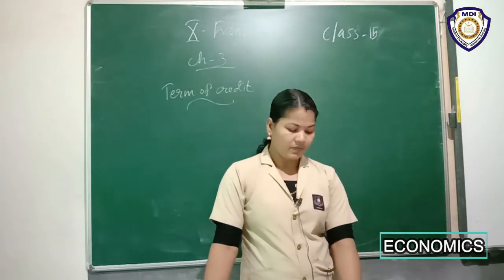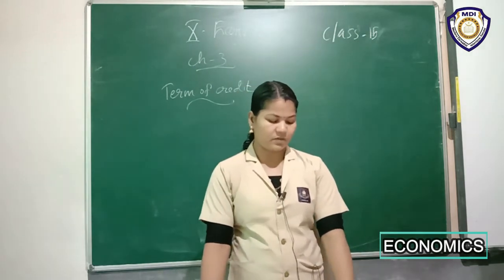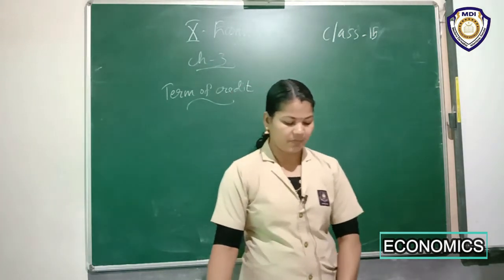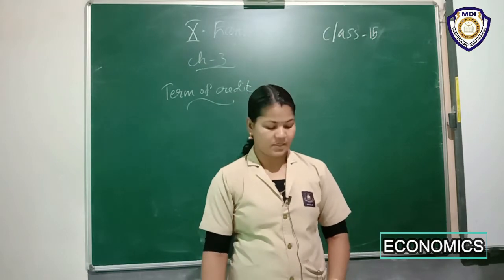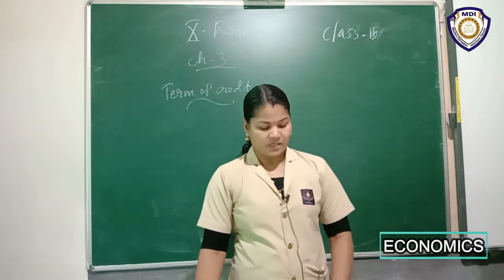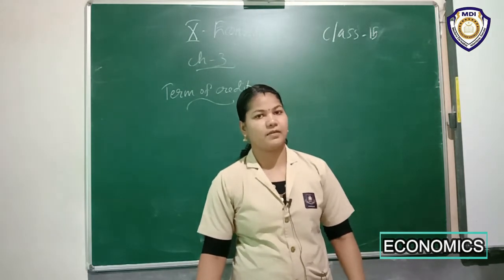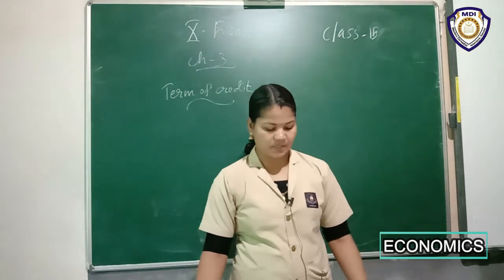Listen. Every loan agreement specifies an interest rate which the borrower must pay to the lender along with the repayment of the principal. Okay. In every loan agreement there is interest. The borrower must pay it to the lender along with the repayment of the principal. At that time surely we have to pay the interest. That is the procedure.